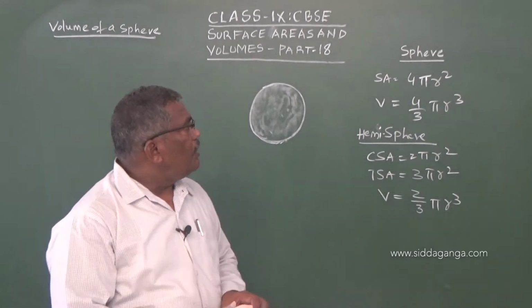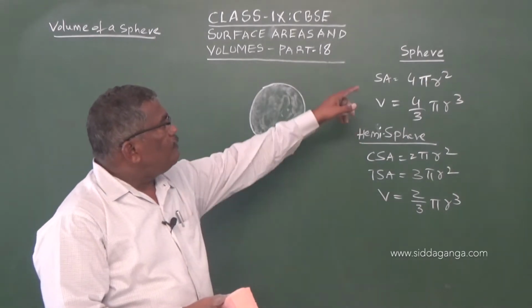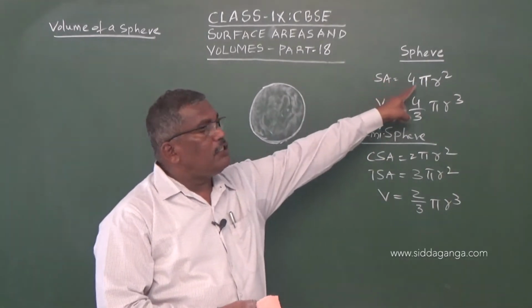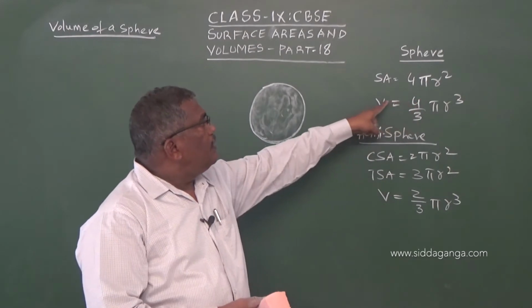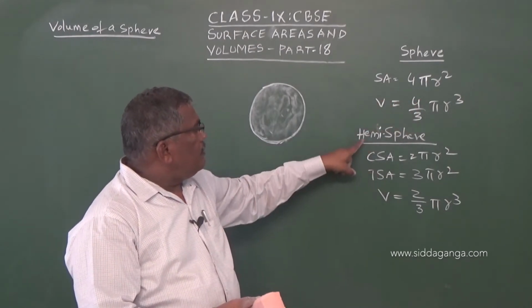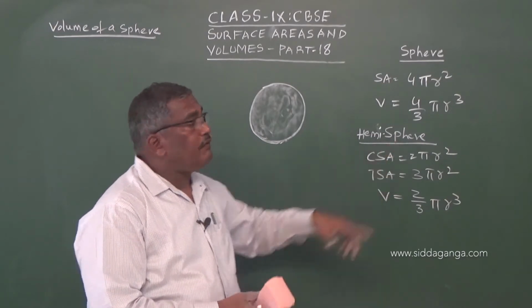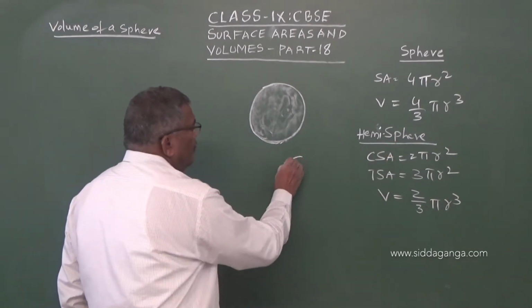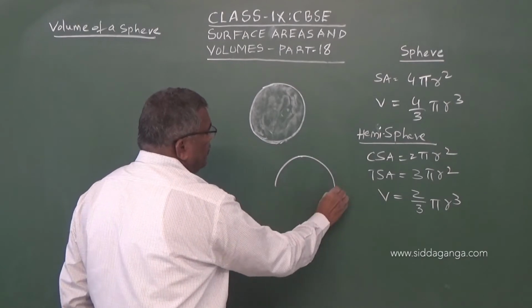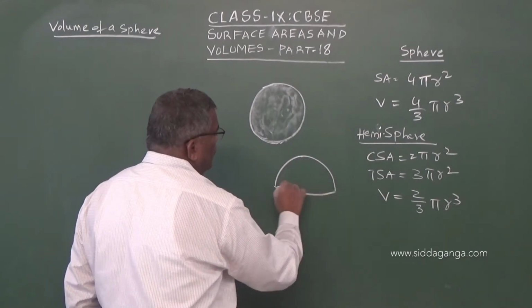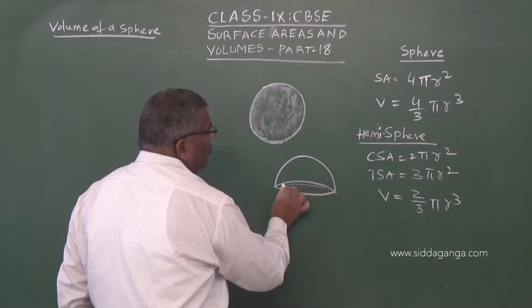That you all learned. So, in case of a sphere, you know the surface area is 4 pi r square, and the curved surface area of the hemisphere. So, a hemisphere will be of this shape.